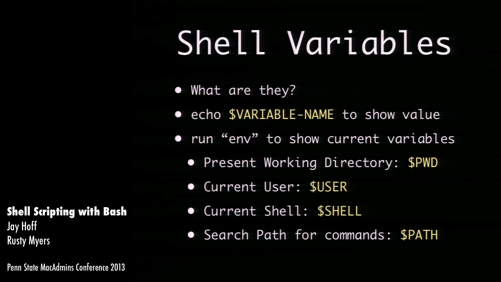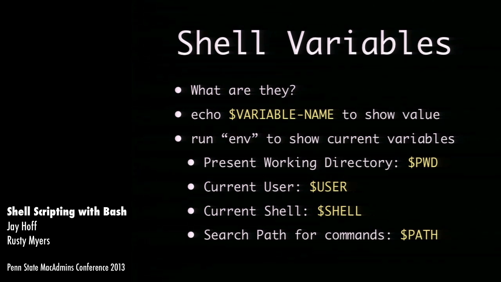If you just type in echo space PWD, you would get back PWD. The $ specifies that this is a variable, and it'll output the contents of it. So in this case, PWD, print working directory, $USER, who's my current user, $SHELL, what's the current shell, and $PATH.